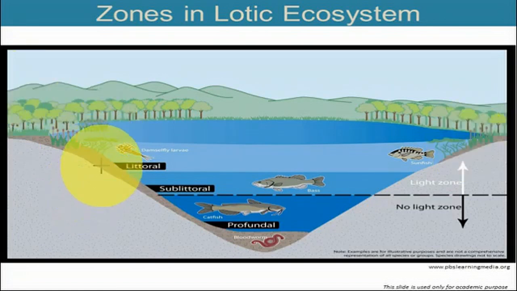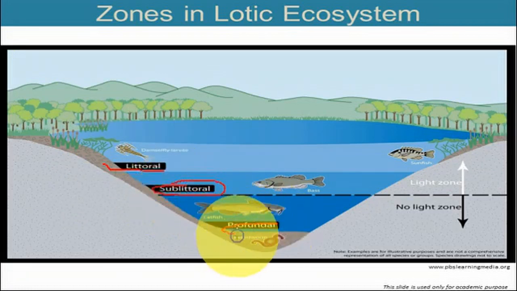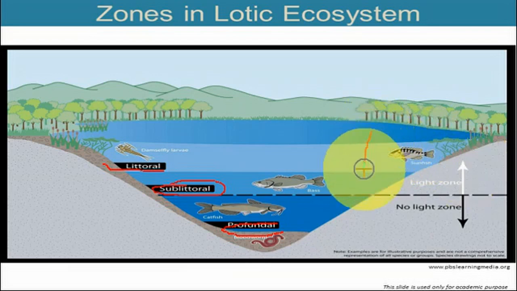For example, the littoral area is there, and the sublittoral area is also there, and a profundal area depends on the water body. If it is a river, you may find a profundal area, but in the case of streams, you may not. So littoral, sublittoral, and profundal areas are there. The limnetic part is not available. These are the light zones where you can find the photic zone, and this is the aphotic zone. These are the different divisions of the Lotic ecosystem.